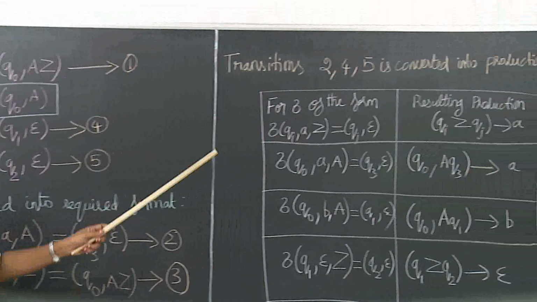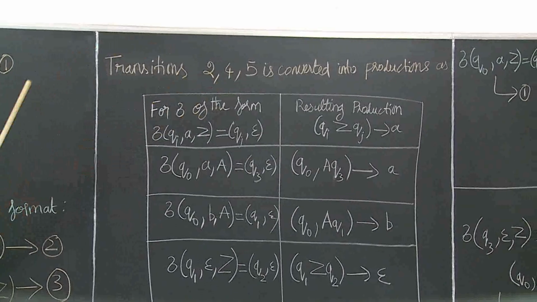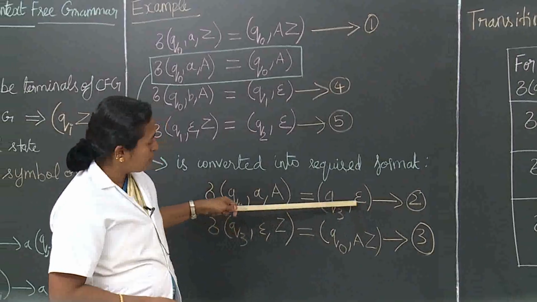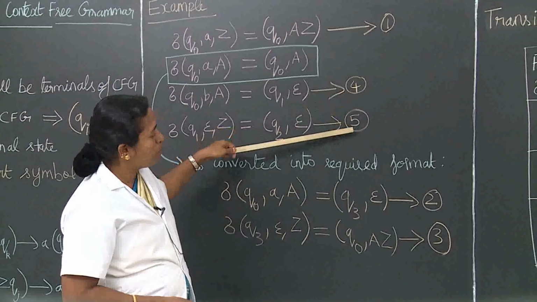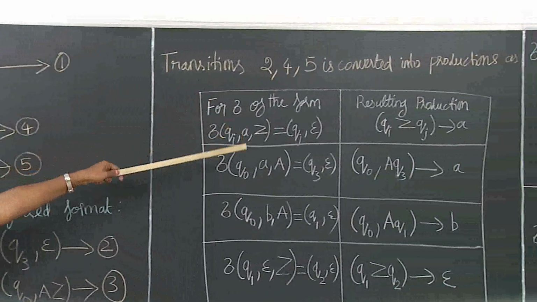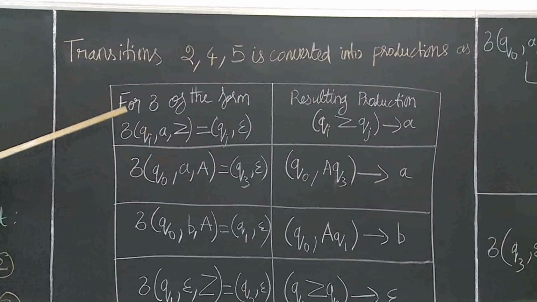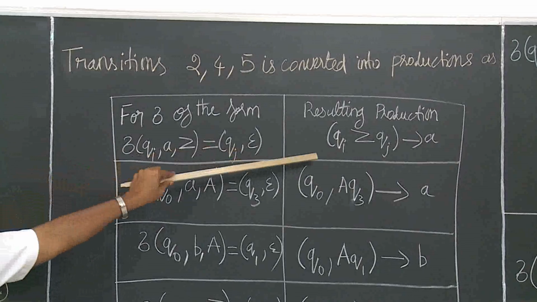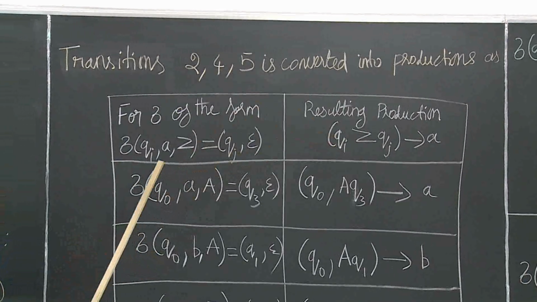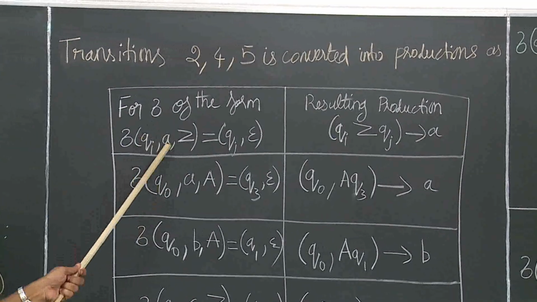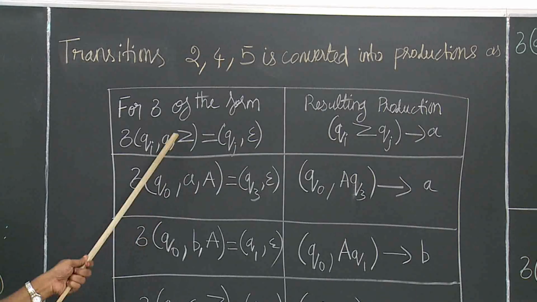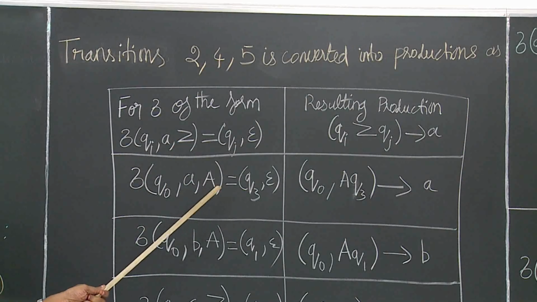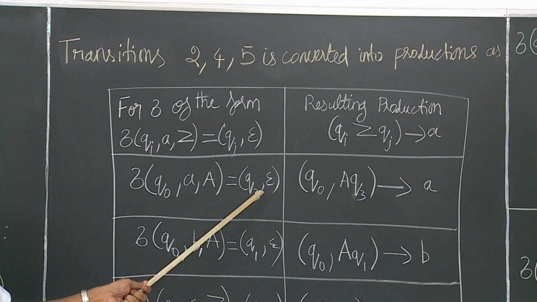First we can see transitions 2, 4, 5, that is, epsilon transitions. Here the input symbol is A, and the top of the stack is capital A. The resultant will be Q3 comma epsilon.